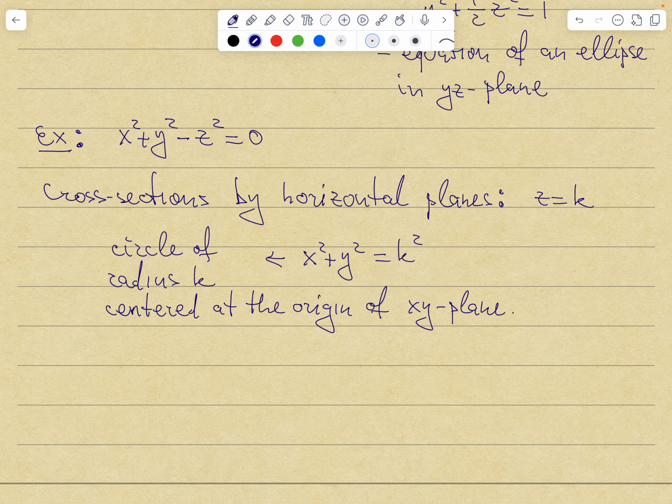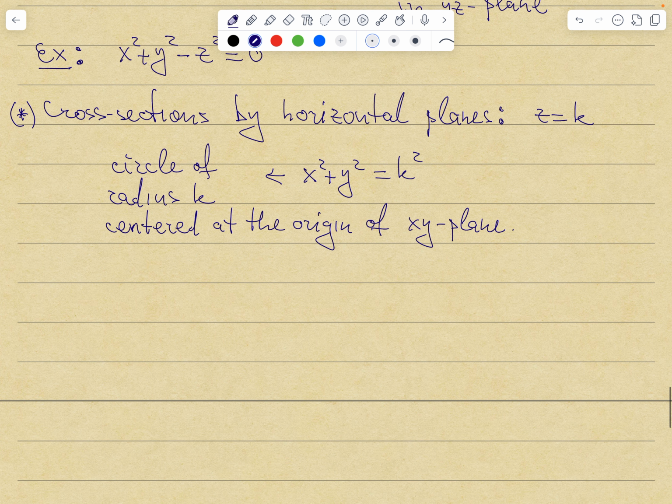So the intersection of the surface by the plane z equal to k produces a circle of radius k. All right, so that gives me cross sections by horizontal planes.